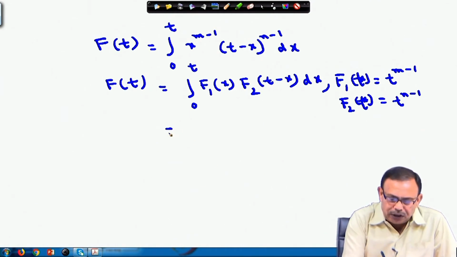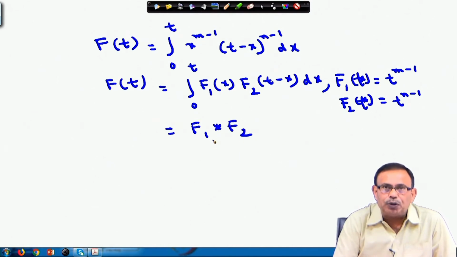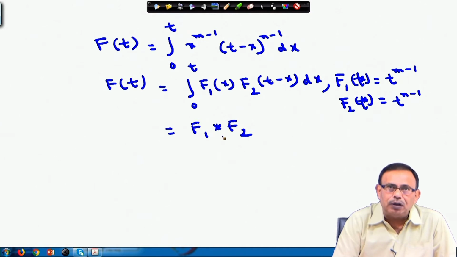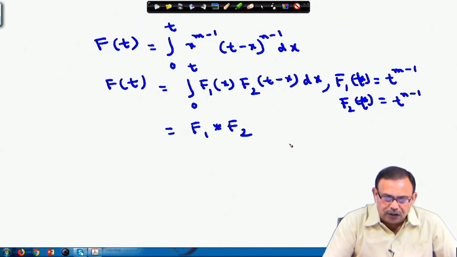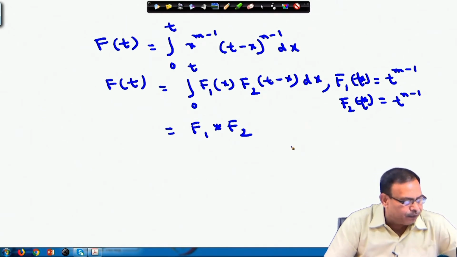So I can write it as f 1 star f 2. This we can write using the theorem of convolution: the integral from 0 to t of f 1 x into f 2 t minus x dx, I can write as f 1 star f 2.